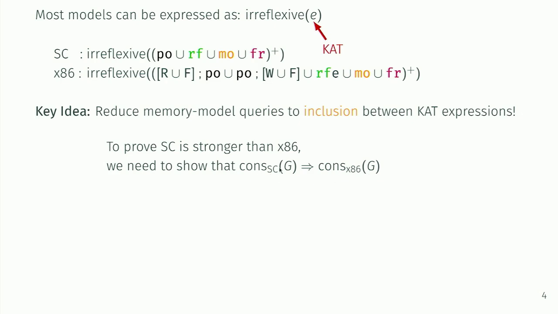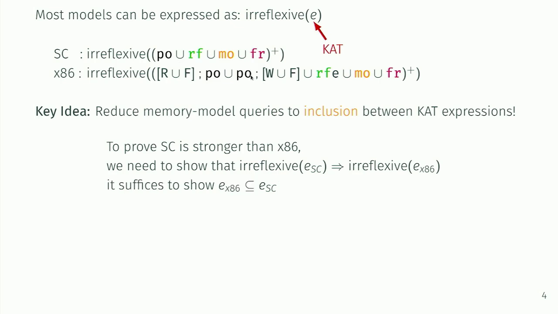How does consistency under SC look like? Well, it's basically this thing here. And for x86, it's this. So I basically want to show that the irreflexivity of E_SC, which is this thing here, implies the irreflexivity of E_x86, which is this. And the paper shows that in order to show that, it's sufficient to show this. And why? Very quickly, suppose that this holds. I want to prove this implication. Suppose this holds.